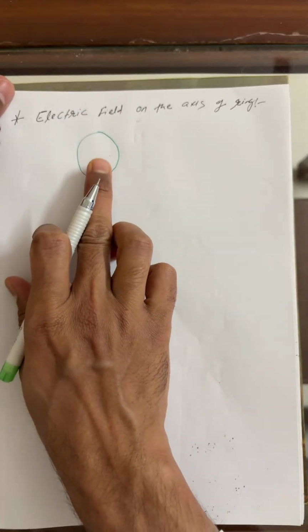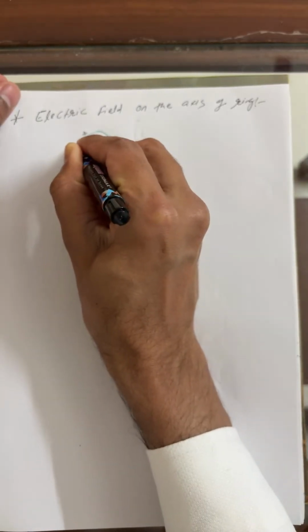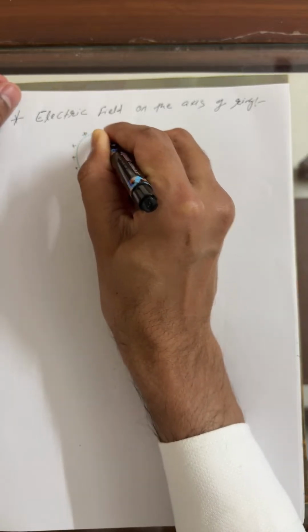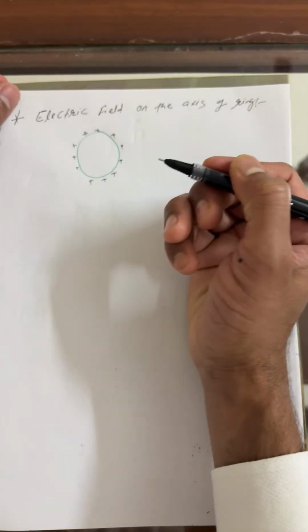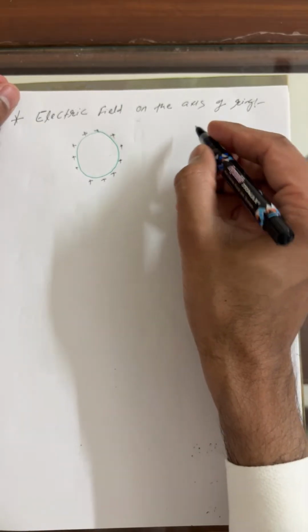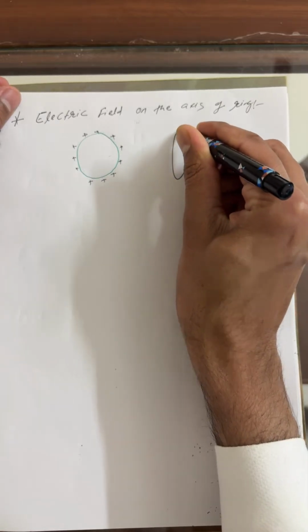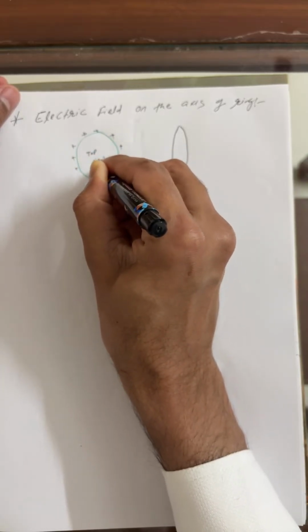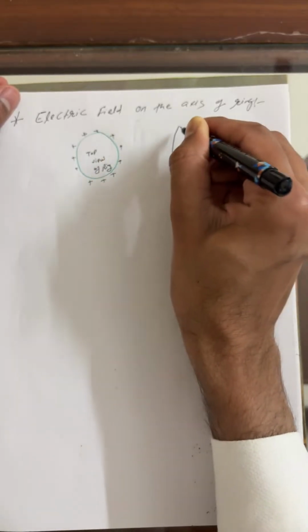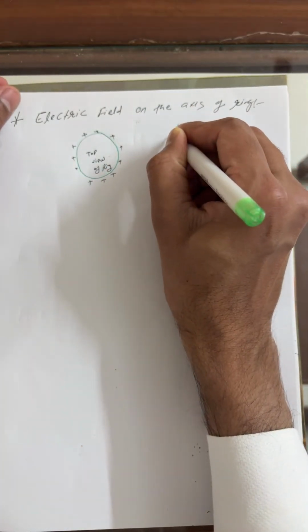This is the top view of the ring. It's uniformly charged everywhere. And this is the side view of the ring.